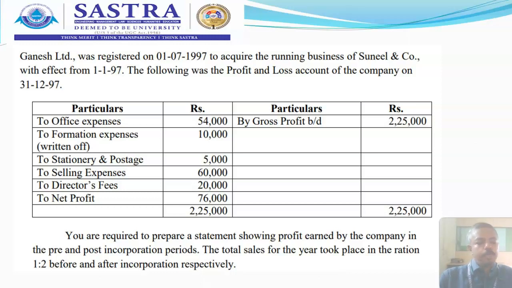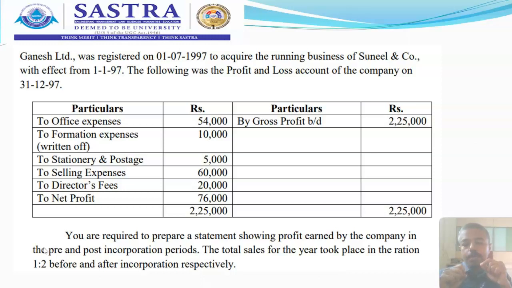So now, for example, if Sunil and Company started their business on 1st March, say for example, in the same year, and then on 1st July it was registered as Ganesh Limited, it was incorporated. In this case, we can take the pre-incorporation period from 1st March to 1st July, the date of incorporation, and the post-incorporation period as usual starting from 1st July, the registration date, till 31st December.